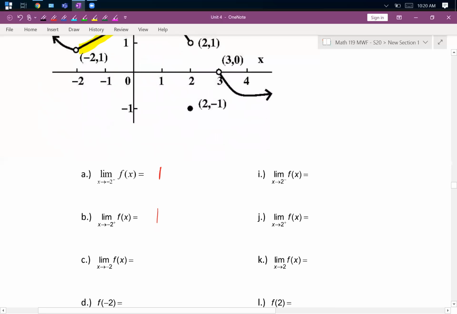In part C, it's asking what is the limit as x approaches -2 overall. This is where you look at your left and right hand limits. If they match, then our limit as x approaches -2 is whatever that matching number is. If they don't match, then the limit does not exist. So in this case, they match, so the limit as x approaches -2 is 1.